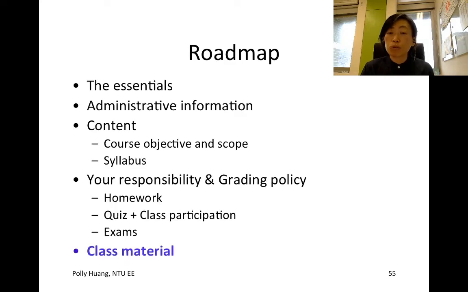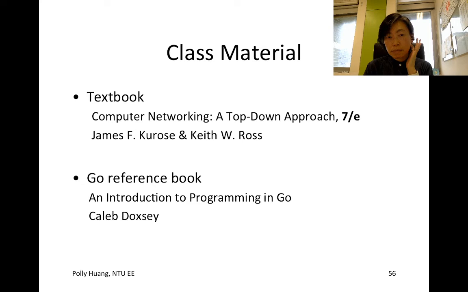Okay, so that's your responsibility and the grading policy. Lastly, the class material. There's going to be a textbook. It's highly recommended, by the way: Computer Networking, A Top-Down Approach, and we'll be using the 7th edition. Authors, James Kurose and Keith Ross.